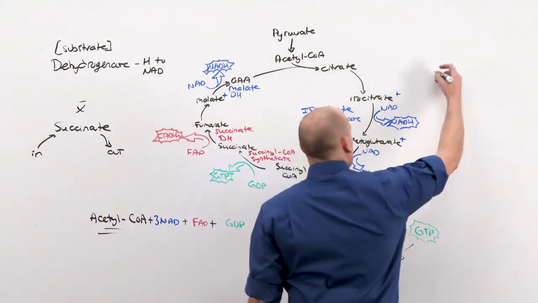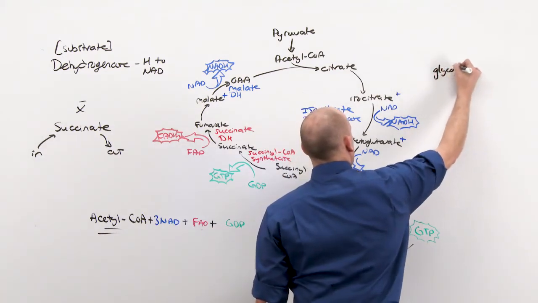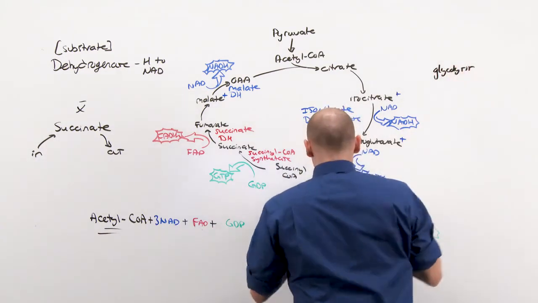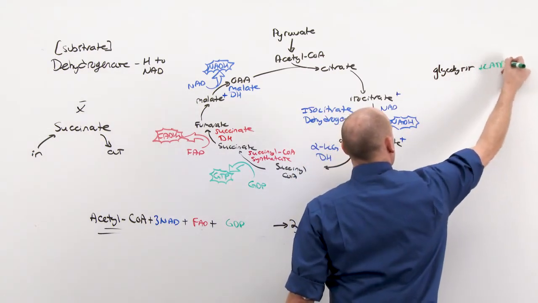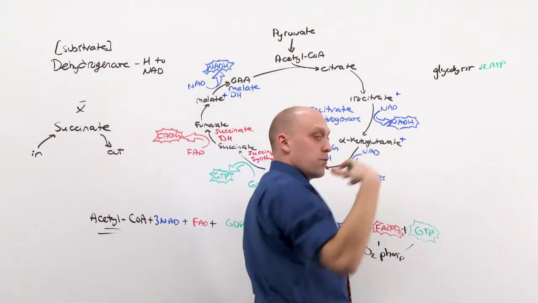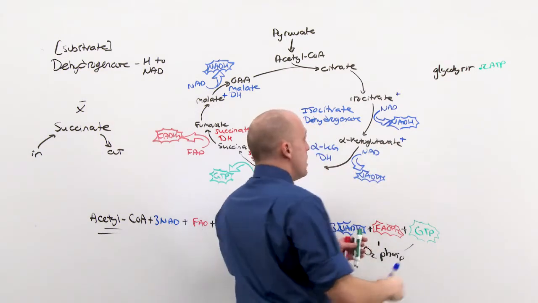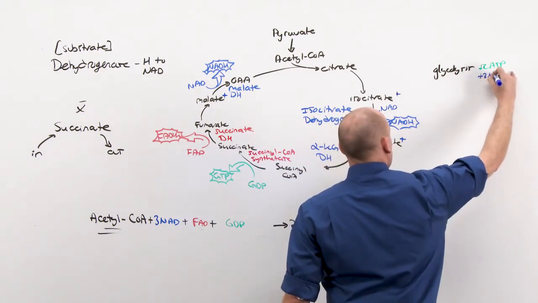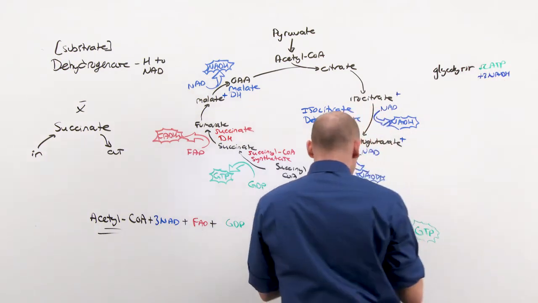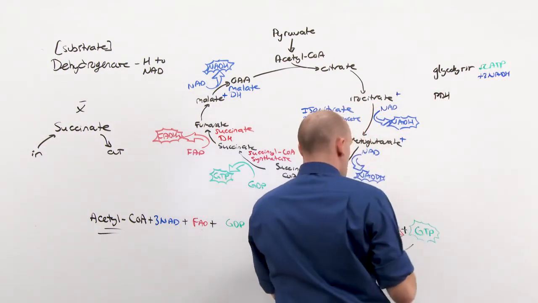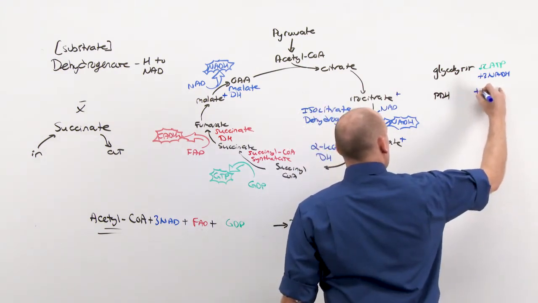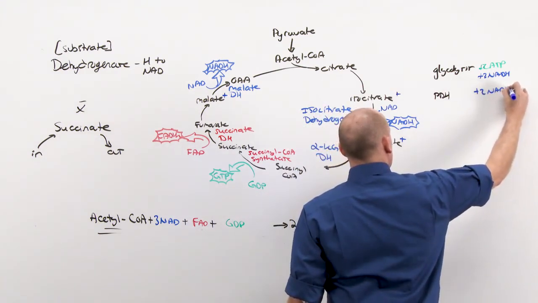So far from glycolysis, we generated a net of plus 2 ATPs. We had to put 2 in, we got 4 out, so net of 2. And 2 NADHs. Pyruvate dehydrogenase gave us 2 NADHs per glucose molecule.